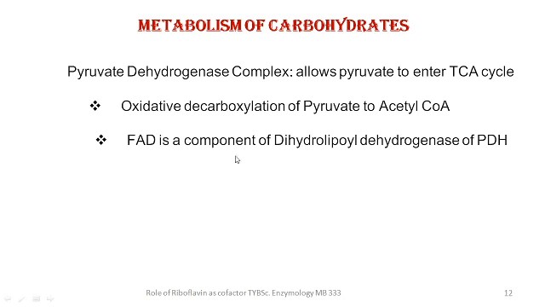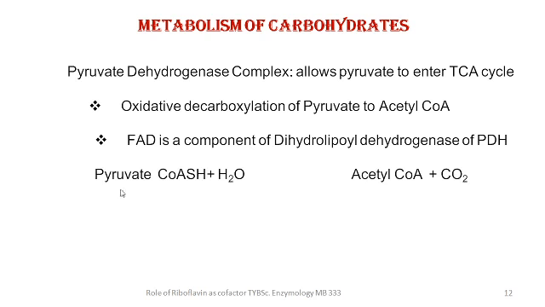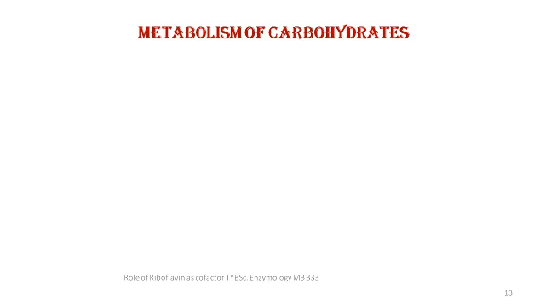FAD is a component of one of the three enzymes that constitute the complex, which is dihydrolipoyl dehydrogenase. Here you can see that pyruvate along with the reduced form of coenzyme A and water is converted to acetyl-CoA, and CO2 is released.